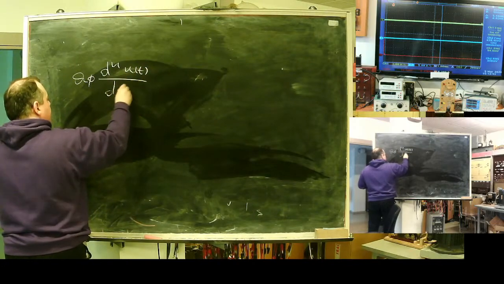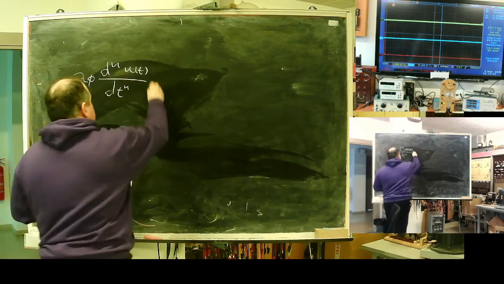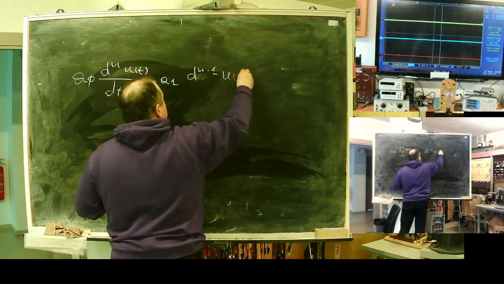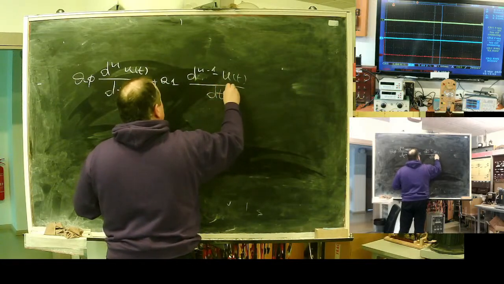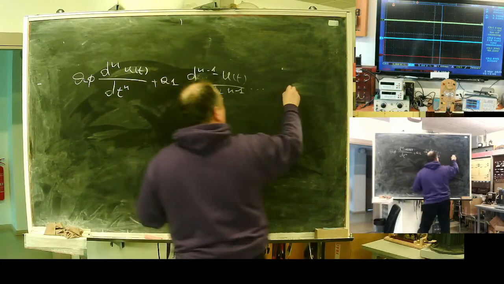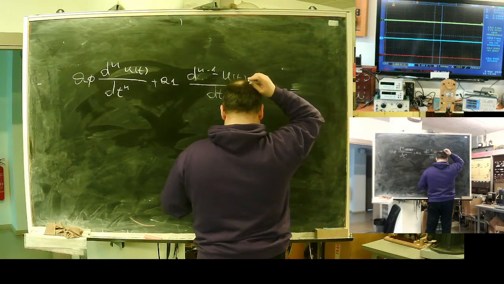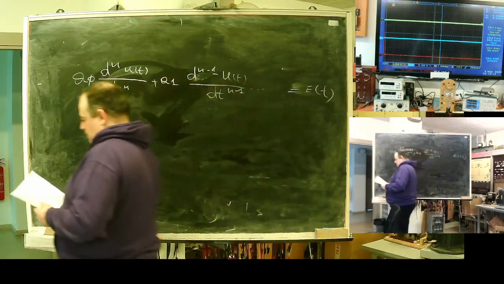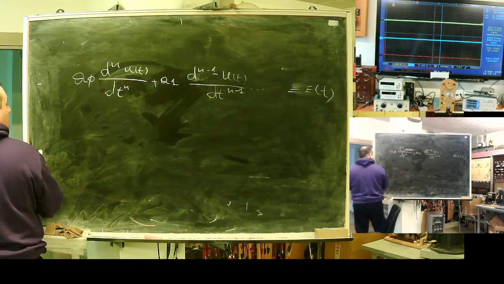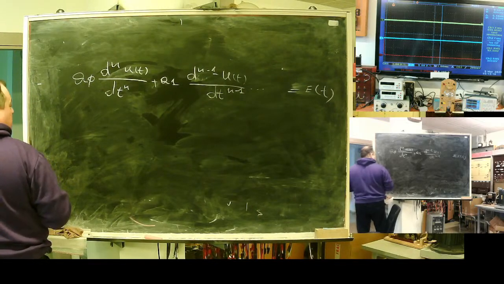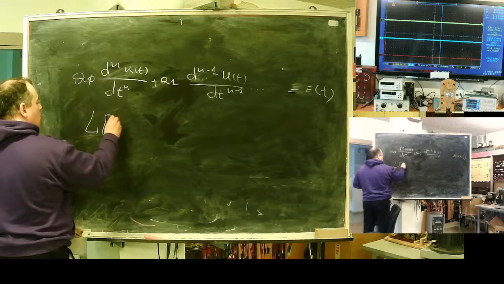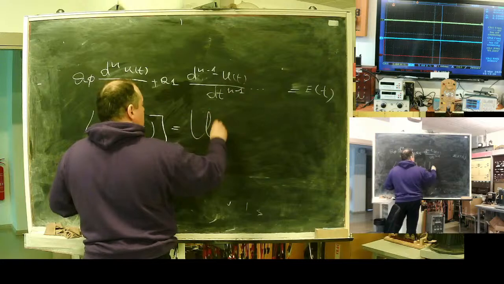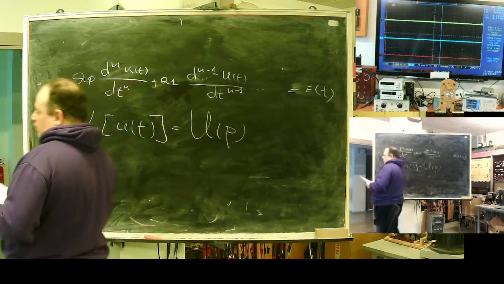Let's say we control voltage: a0 U^(n) + a1 U^(n-1) + ... equals, let's say, some E of time. If we perform a Laplace transform on U of time, we will get its image as a function of complex frequency.